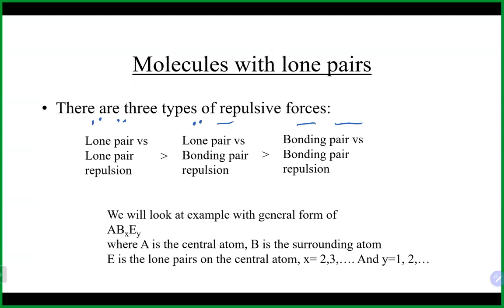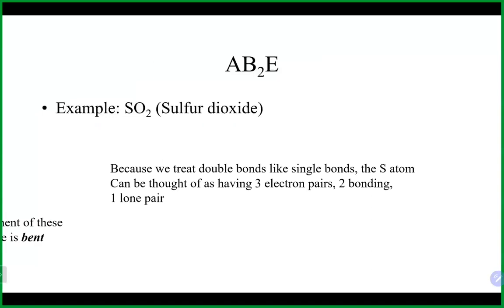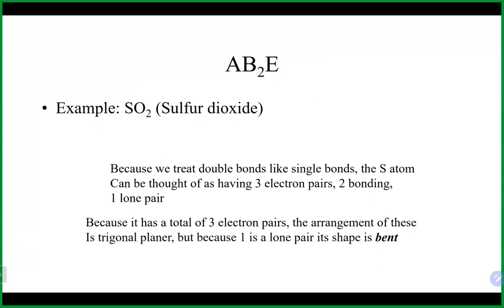So let's take a look at a few examples of where we have these non-bonding electrons involved. First example is SO2, which we drew earlier, and SO2, to remind you, looks something like this. So once again, if we look at our central atom, the number of electron pairs is how many in this case, which would be our sulfur?